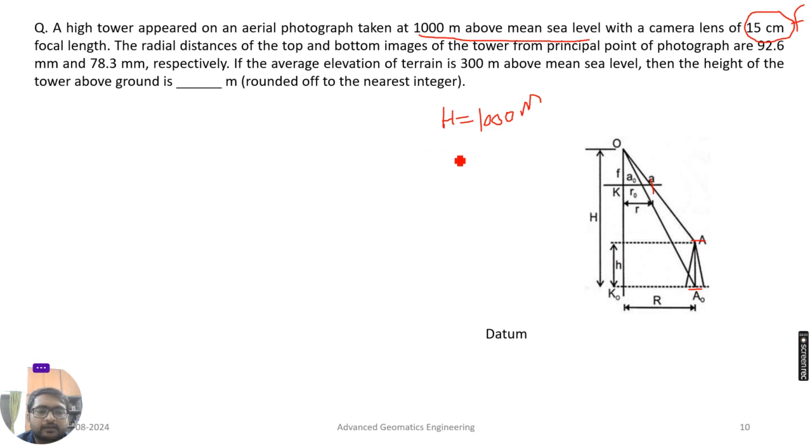So how will we find the relief displacement from this? Relief displacement d will be equal to 92.6, which is Ka, minus 78.3.